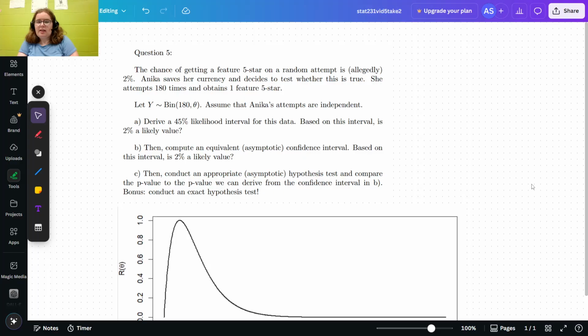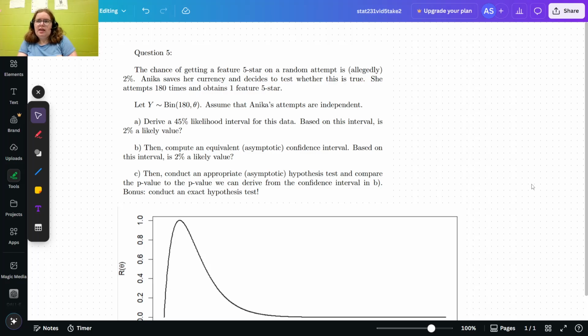Now recall that the likelihood interval is essentially telling me how likely it is for me to have a certain value of theta given my actual theta hat, my estimate of what actually happened.